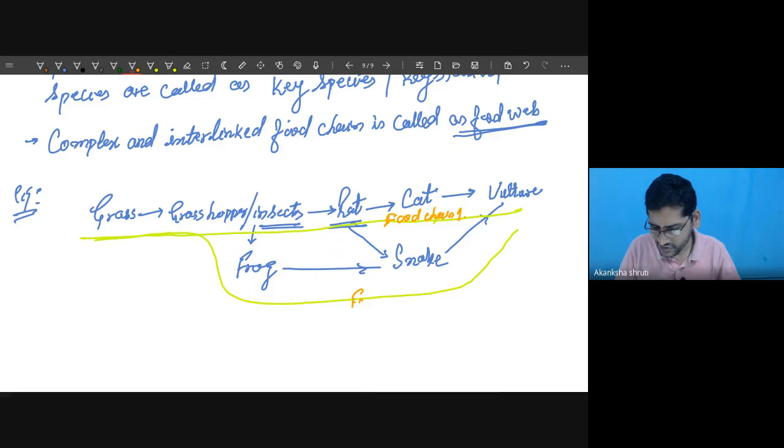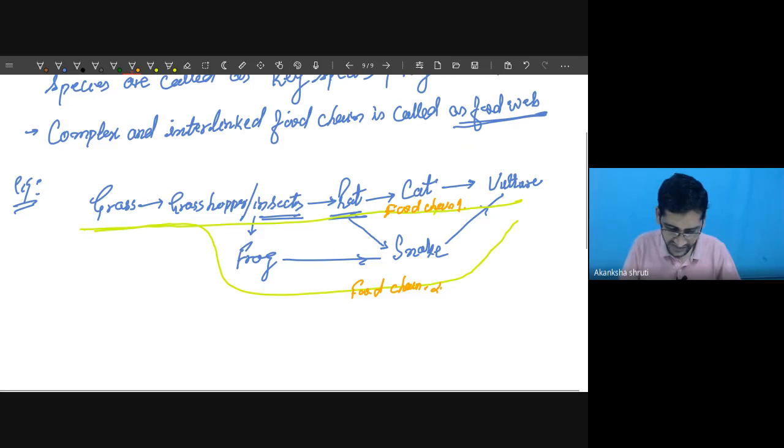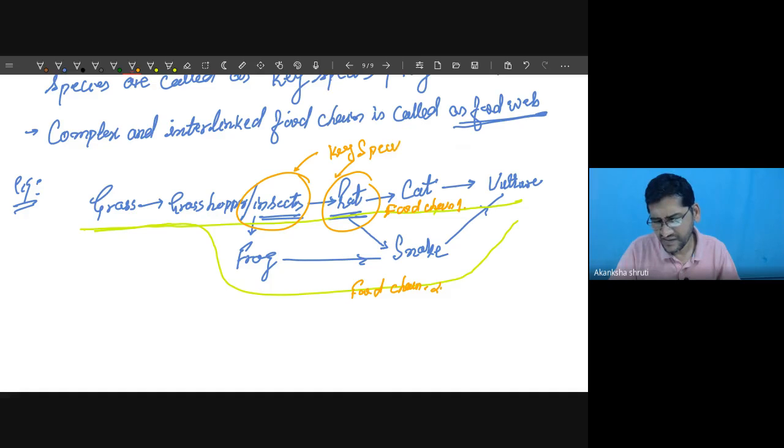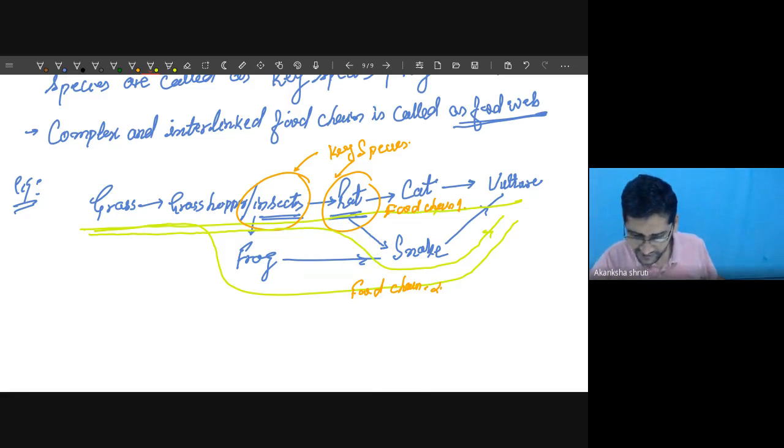This is our food chain 2, and this is the linking species. These are what? Key species. Students, here we have drawn 3 food chains, because by linking this way you can go, or by this way you can go. So this is our food chain 3.